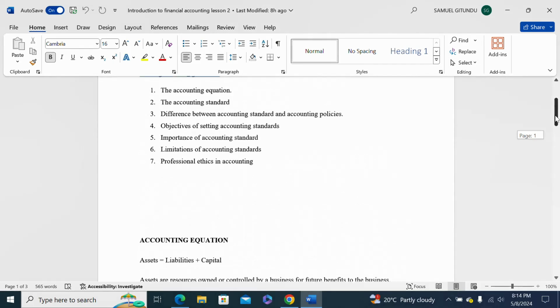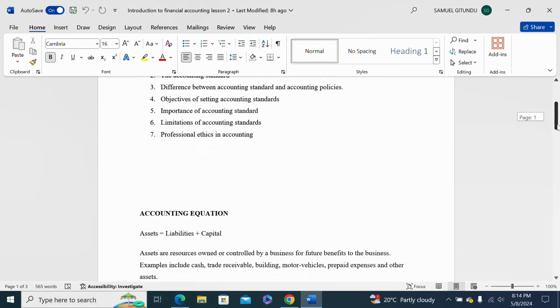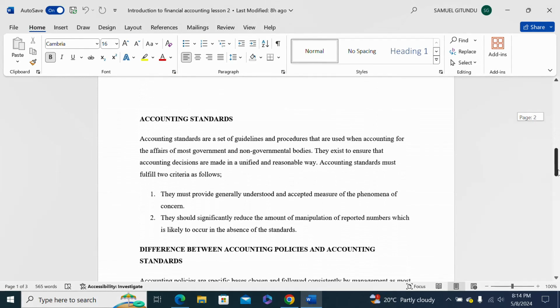Then we go to the second objective, which is the accounting standard. What are accounting standards? When you are conducting accounting, there are some standards that you are required to follow.